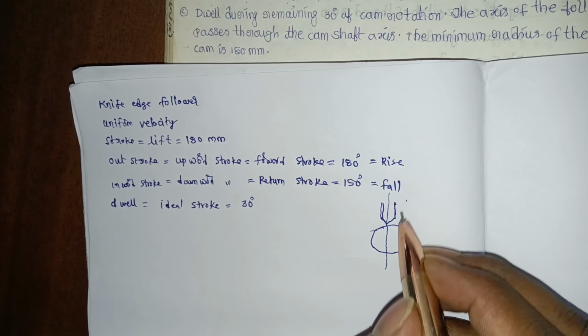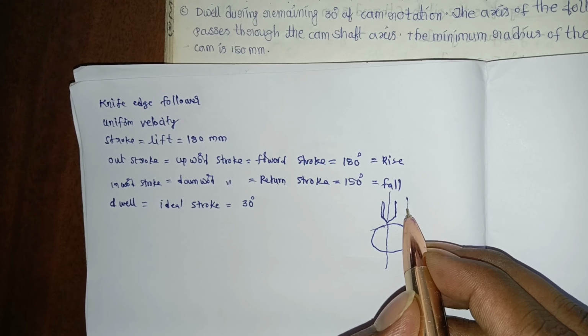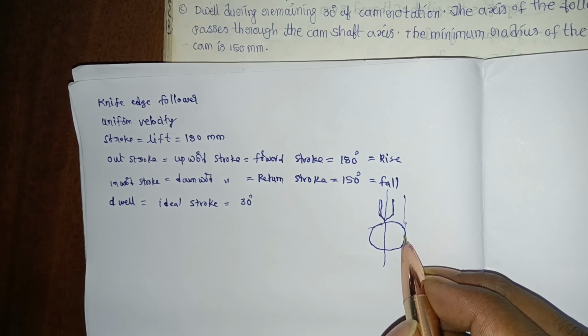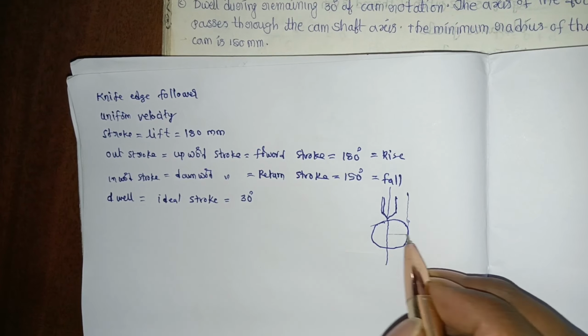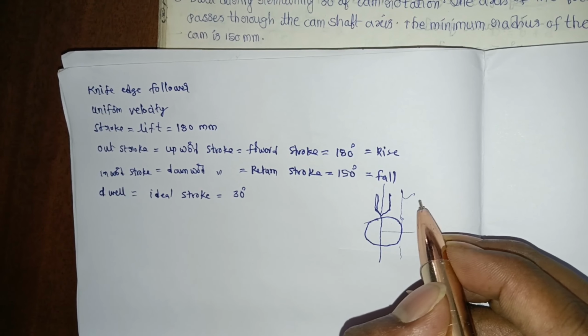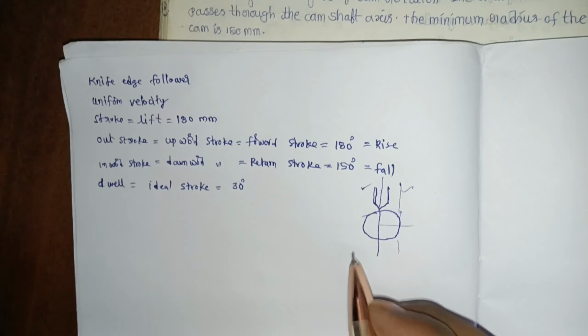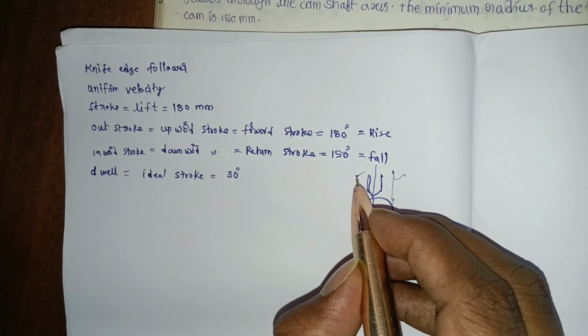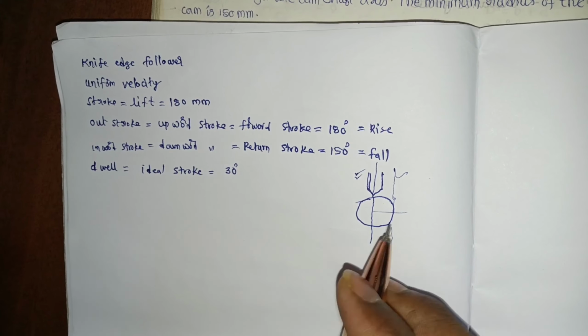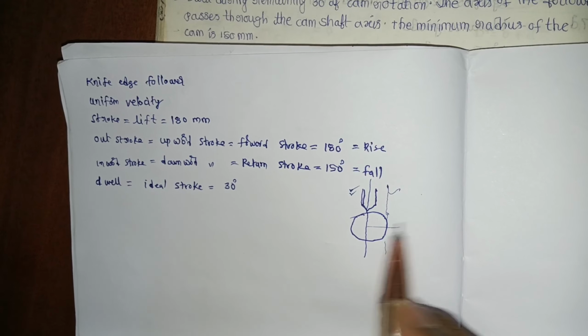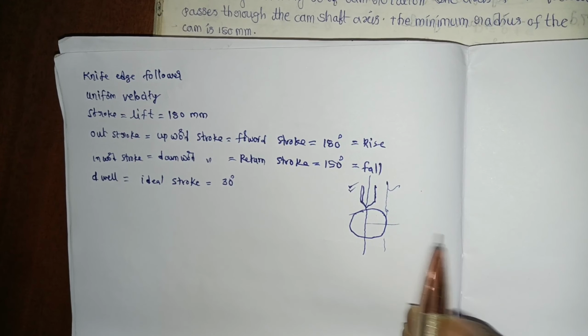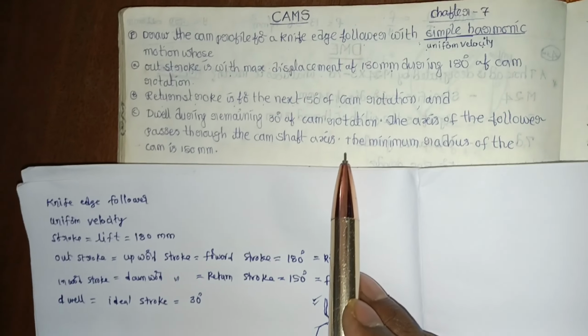Sometimes they give some distance from the follower to the cam axis. That is called an offset case. So this is the normal case. Most of the problems are given as normal case problems. No need to worry about the offset case. That is BTech level.